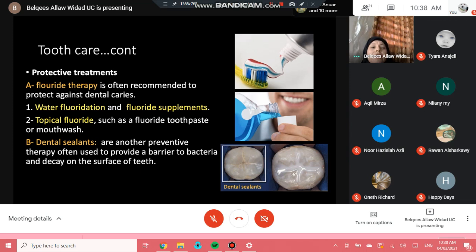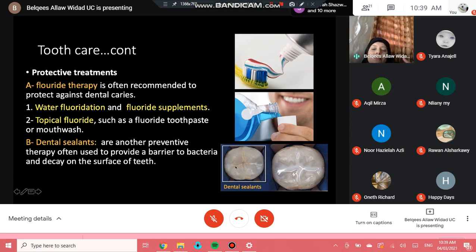The other protective treatment we call dental sealant. This one we actually do for the kids, before there is even any caries. We do it as protective or preventive therapy. We use some kind of filling material.